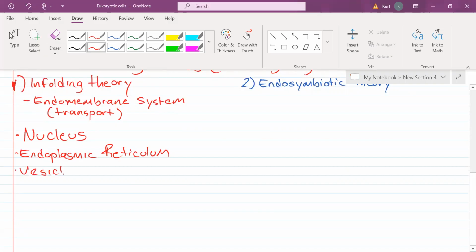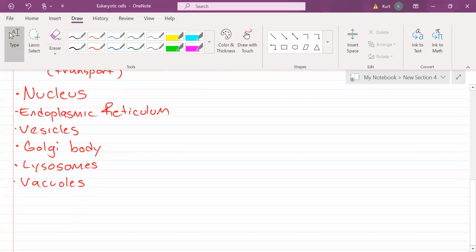You have vesicles, which are like little transport carriers, kind of like a garbage bag. You have the Golgi body, or the Golgi apparatus, as you've likely heard of it before. Lysosomes, vacuoles. We'll go over all of these in the next video. The plasma membrane.